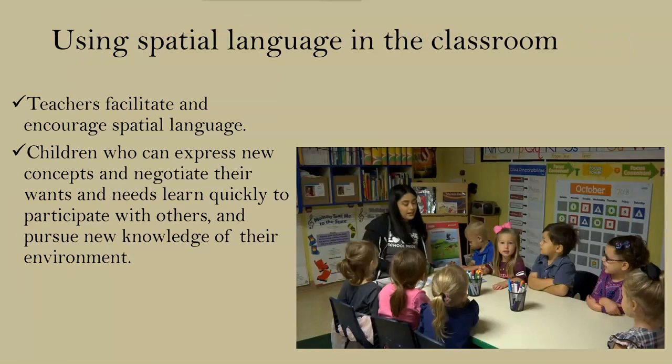So how do we help children in this awareness? Well, we don't actually sit down and give them a lesson on this is what near means, this is what far means. Rather, we facilitate their natural learning by using one of the techniques that we call spatial language. We demonstrate this as teachers when we tell children, put the basket under the chair. Now pick it up and put it on top of the table.